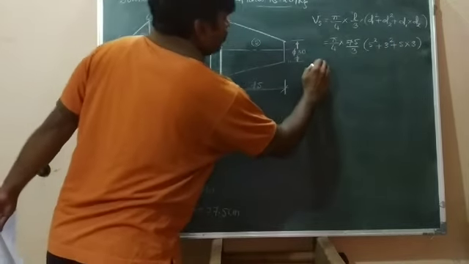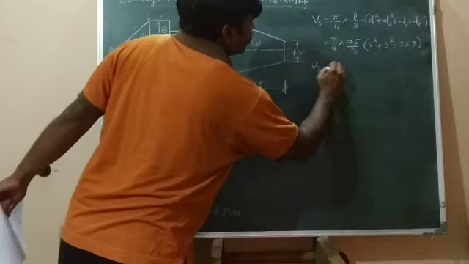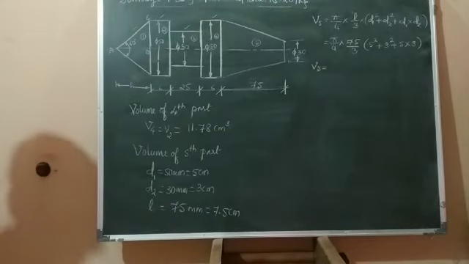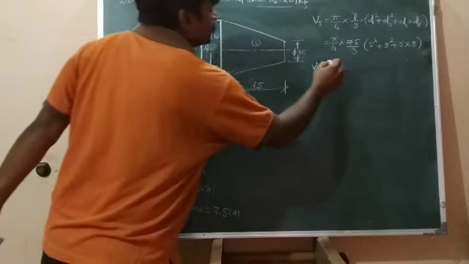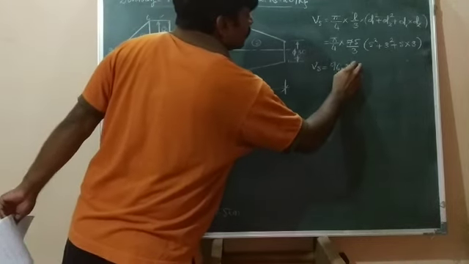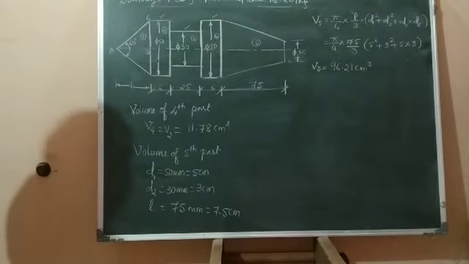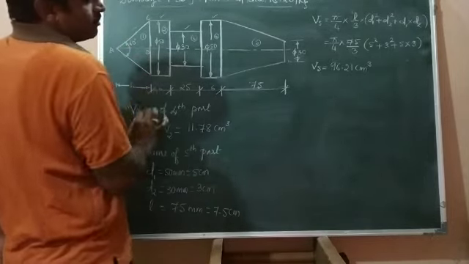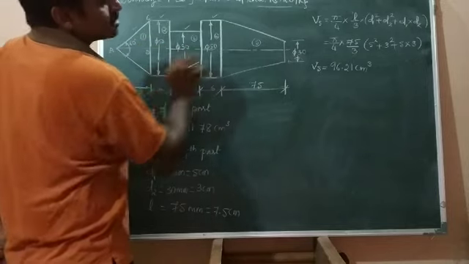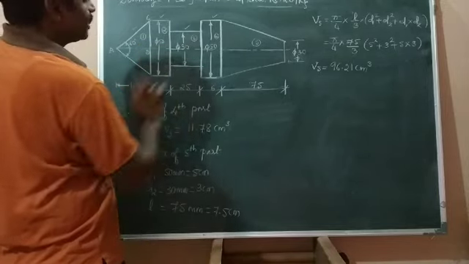So with simplifying, you get V5 is equal to 96.21 centimeter cube. Okay, just we obtained the volumes of all the simple individual parts here.